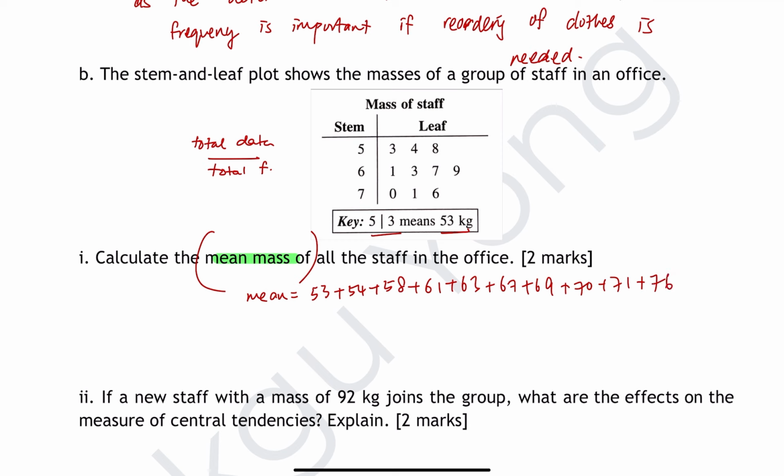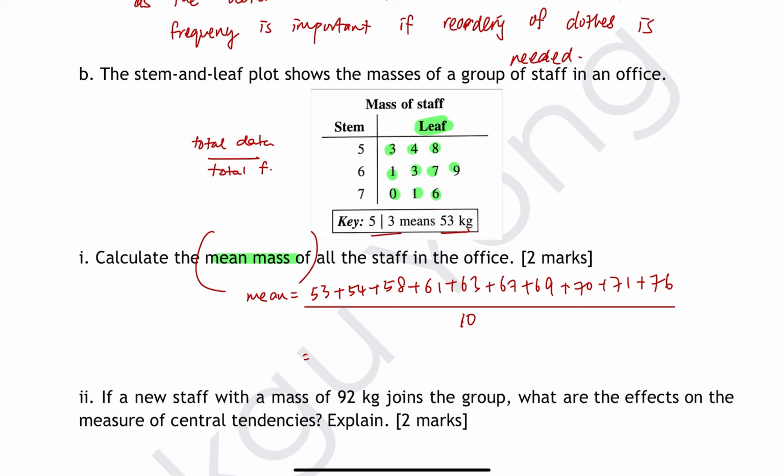These are all the data, the staff, right? Then divided by your total frequency, which means how many items you can actually see. Over here, under stem and leaf plot, you can just rely on your leaf numbers. So 1, 2, 3, 4, 5, 6, 7, 8, 9, 10. You need to divide by 10.